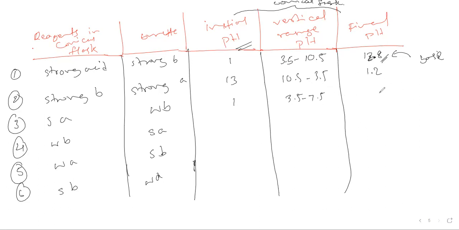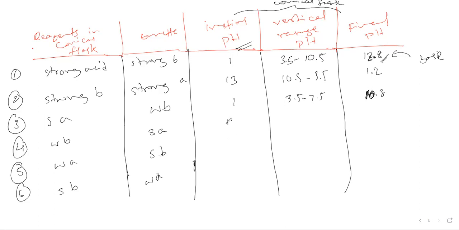And the final point is actually 12, but since it is towards the higher end, the pH of an alkali, it should be 0.2 less, so 11.8. And the other way around, the final value is 11, then it's 10.8.